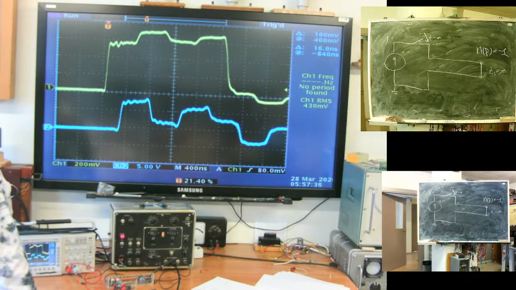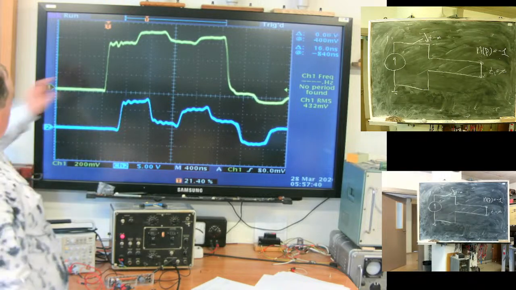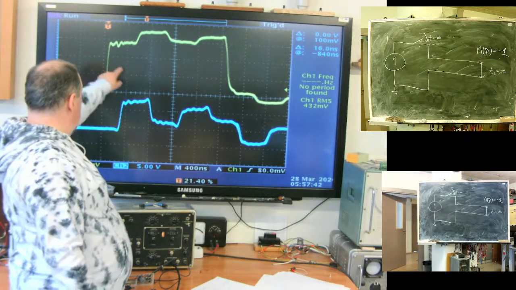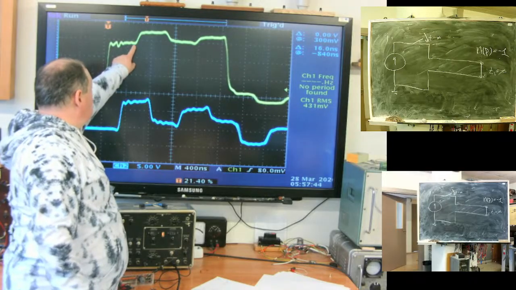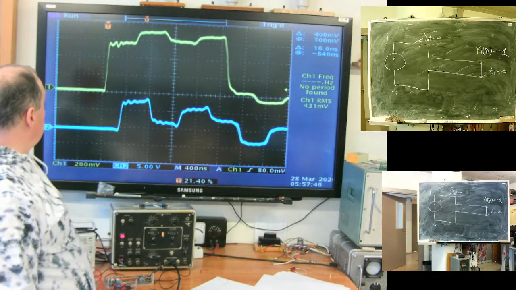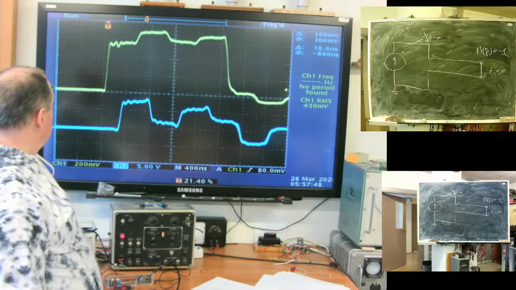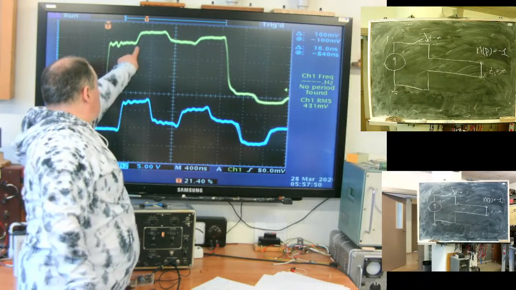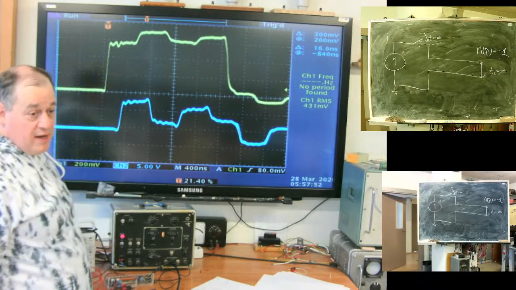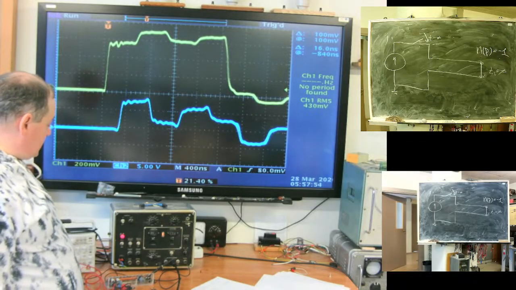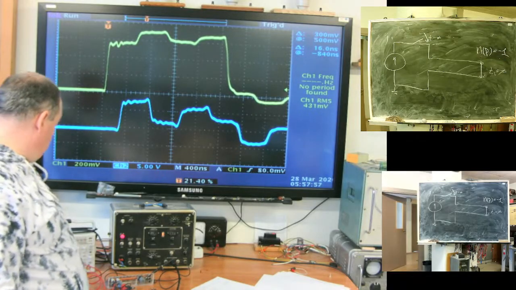I took a longer pulse. Voltage at the sending end: here is the moment when the returning wave arrives. So this time period gives me the length of the line, or the distance to the interruption point.